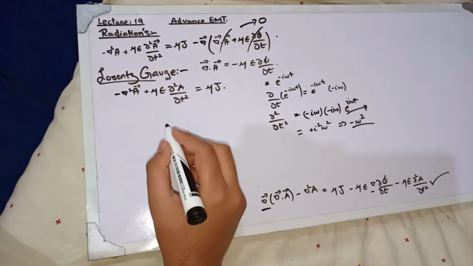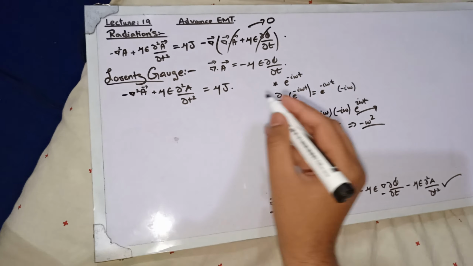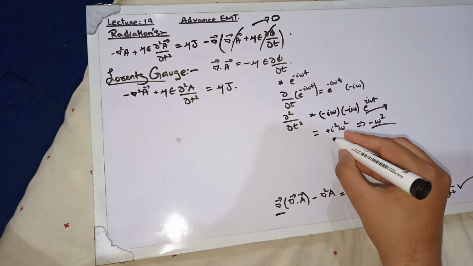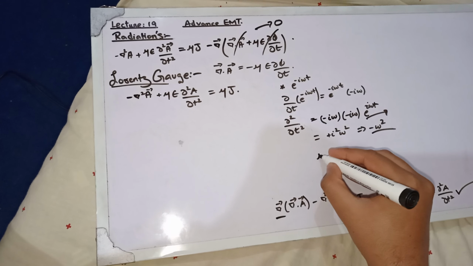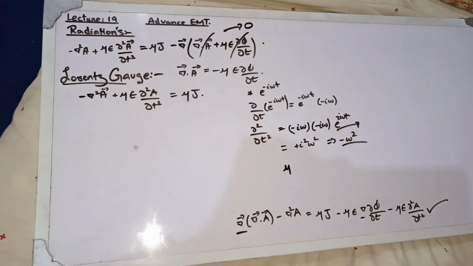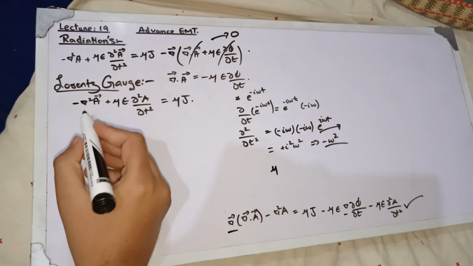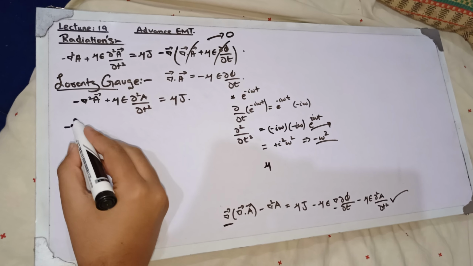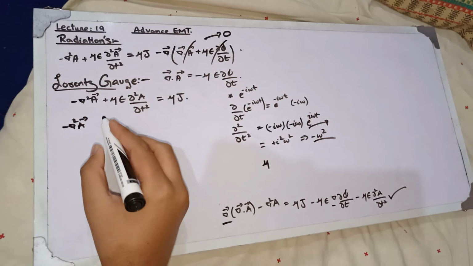And you also know that mu epsilon can be written as, let me show here first, which becomes equal to minus del square a.